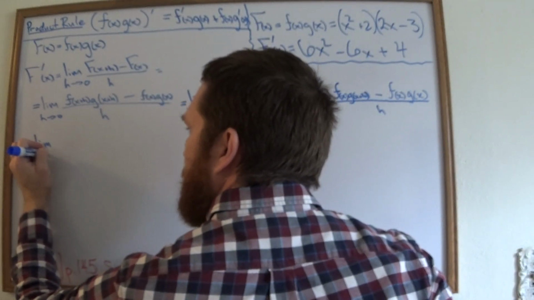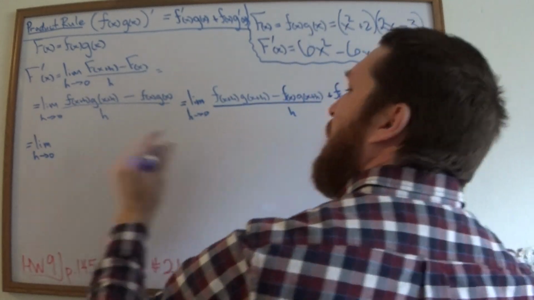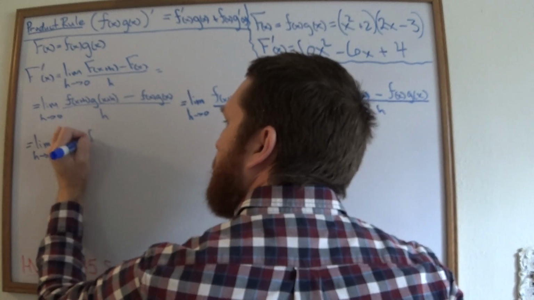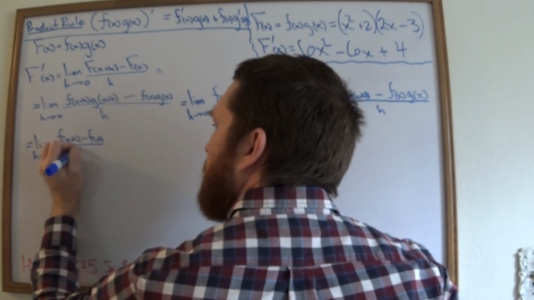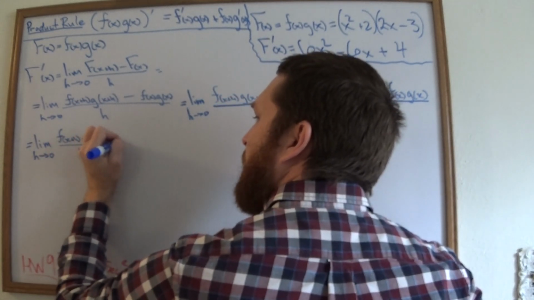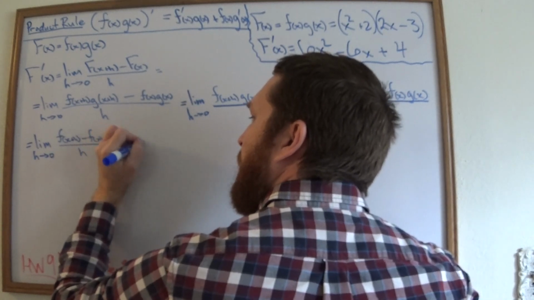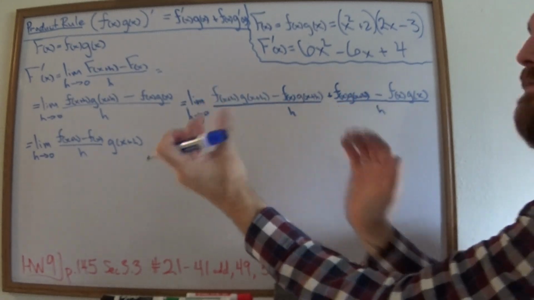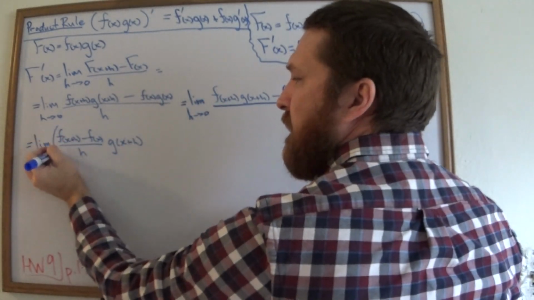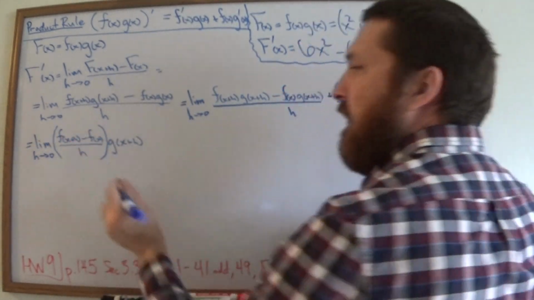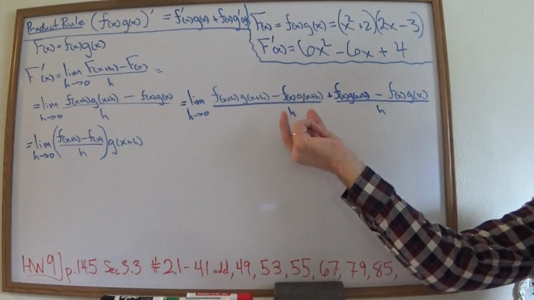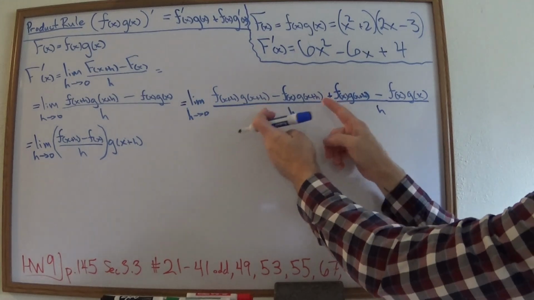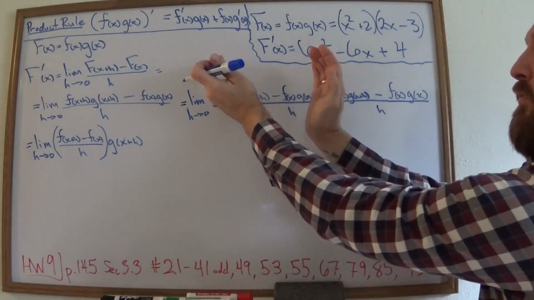Limit as h goes to 0. Now I'm going to factor it out like this. Everybody buy that? Is that the same thing? I haven't done my parentheses, which I guess I could do. I could have kept that in the numerator. Like I could have written that all like this, only with one g in parentheses here.